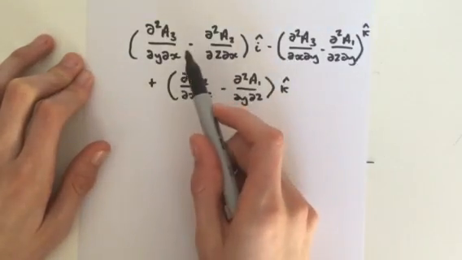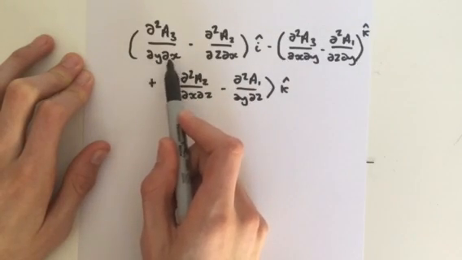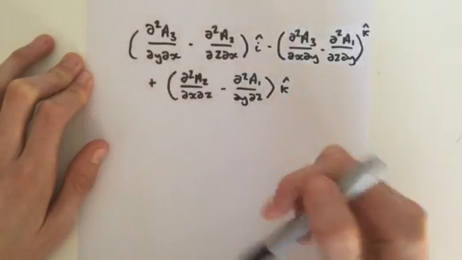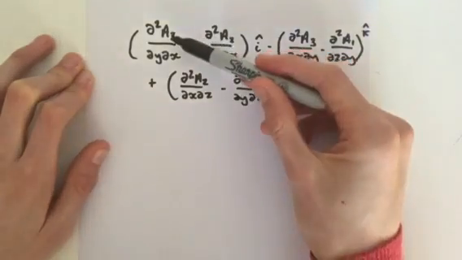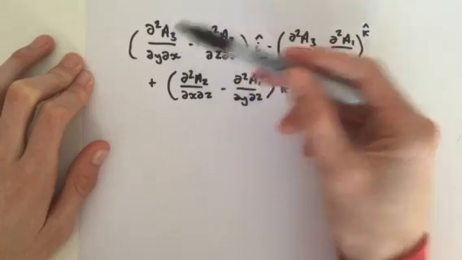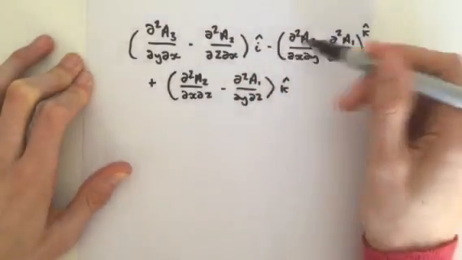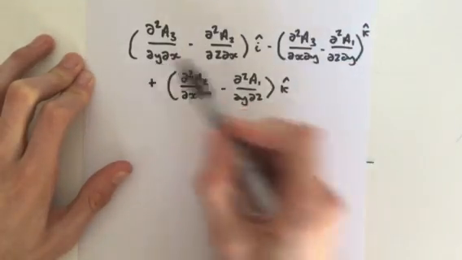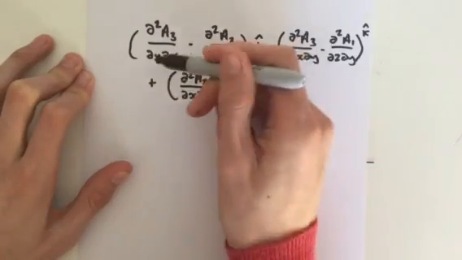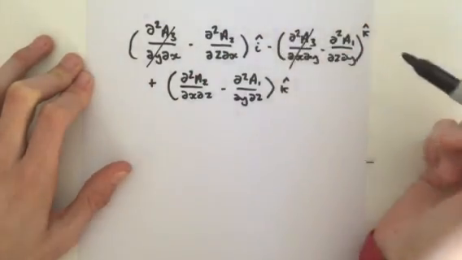Now we know the rule for mixed partial derivatives. It doesn't matter which order the differentials are, they still bring about the same partial derivative, as long as A3, for instance, stays constant. So therefore, they should cancel. This mixed partial derivative should cancel with that one, xy, yx. It doesn't matter which order they go in. They cancel because that's a minus.